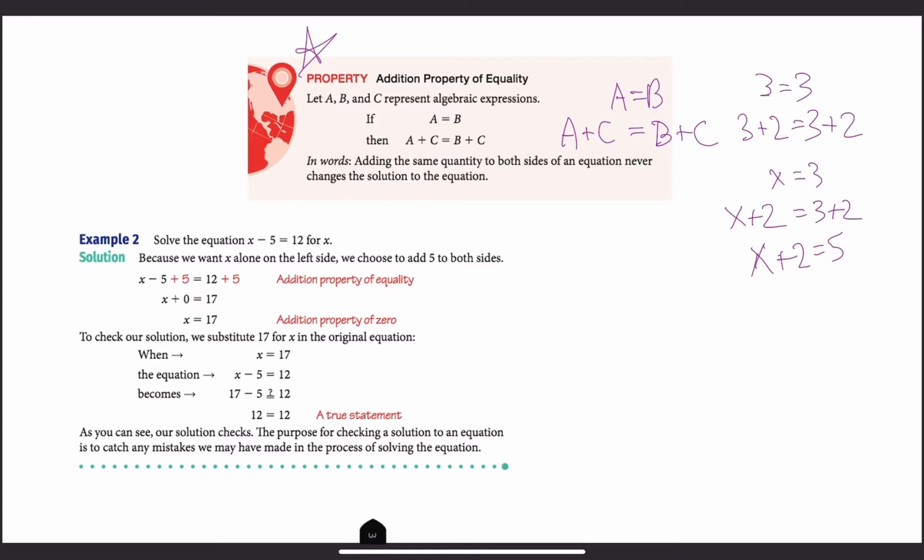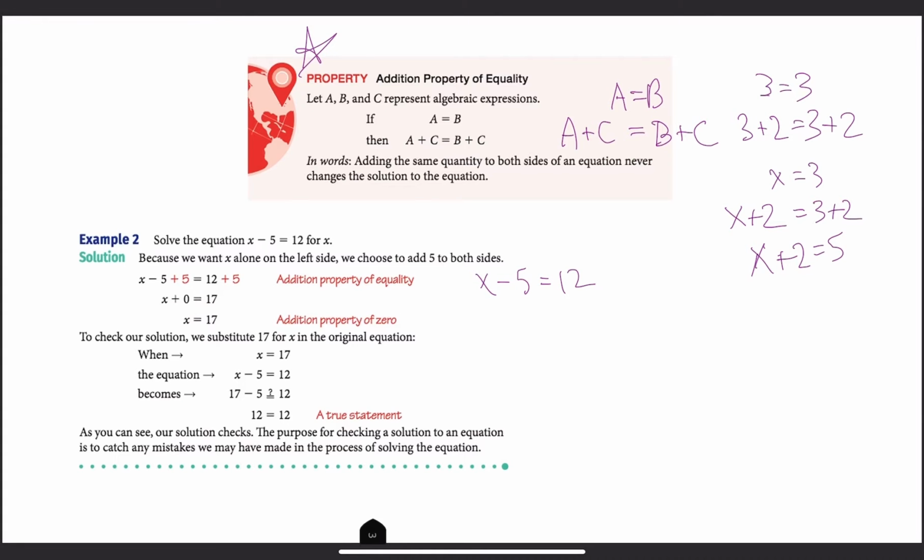In this example, what we've started with is x minus 5 equals 12. What number, when you take away 5, gives you 12? You may already be thinking what some possible solutions could be. You may already know exactly what it is.